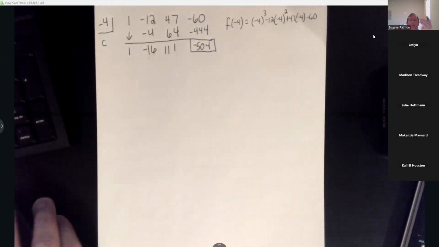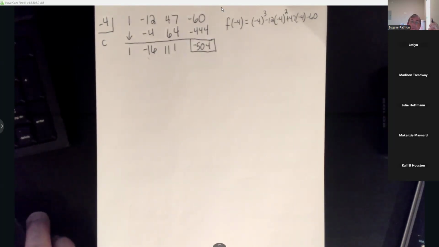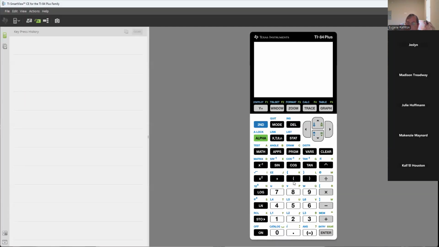So I'm going to go punch this on the calculator and see what we get. And we should get that negative 504, okay? So this is what we're wanting to show y'all, that synthetic division can be used to solve these, okay? So watch this. Negative 4. I'm going to cube that. All right, arrow right and come back down.